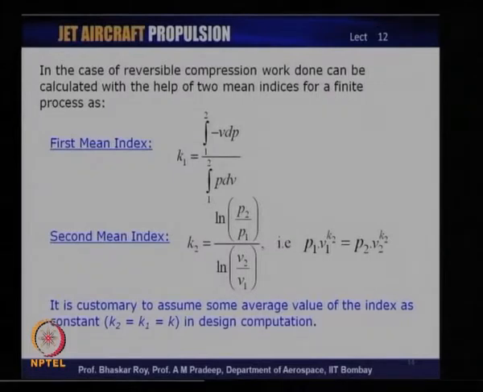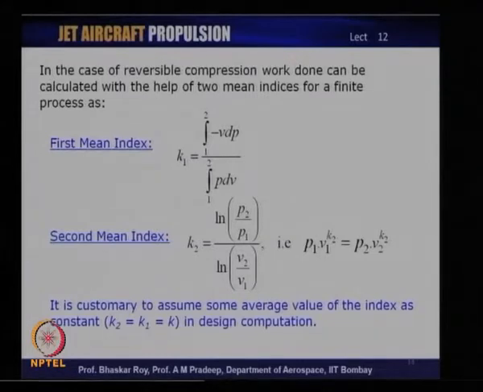The first one is often called thermodynamically the first mean index k1, and that is something which we have defined before, and that is integral 1 to 2 minus v dp divided by integral 1 to 2 p dv of the finite compression process.